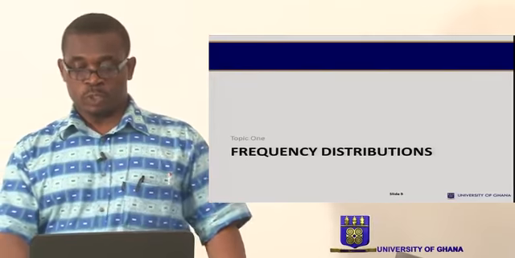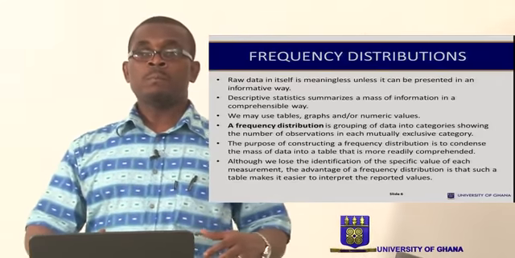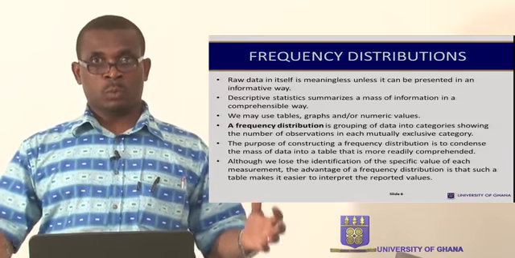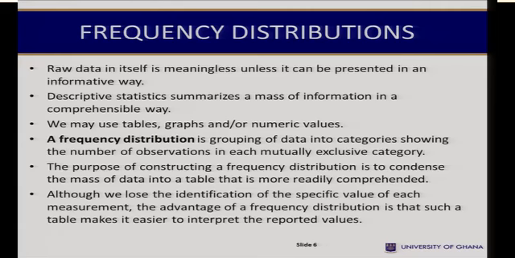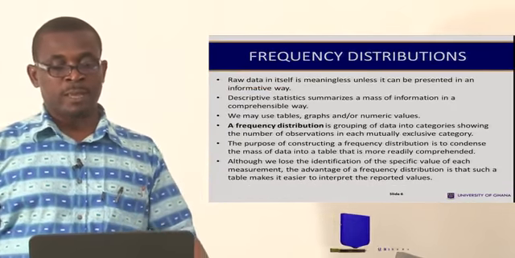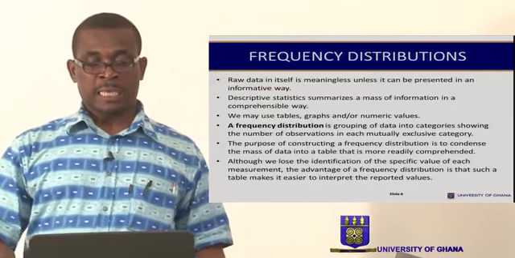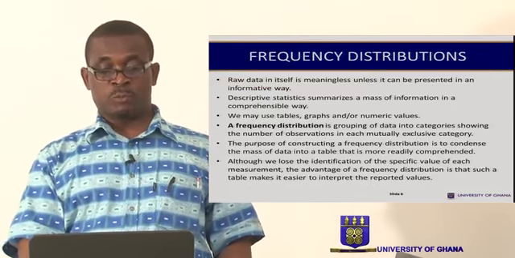Frequency distributions. Now, when you have raw data, the numbers are just churned out there. It makes very little meaning unless it can be organized in an informative way. And one way to do that is to put it in a frequency distribution.